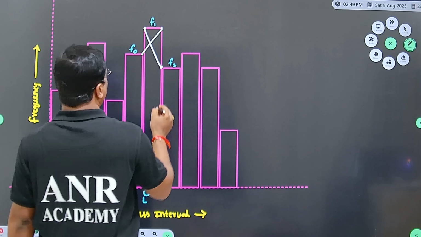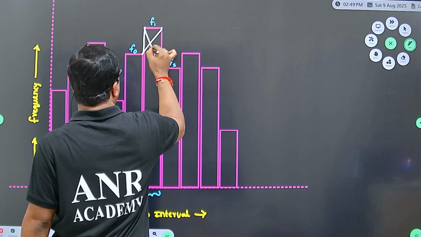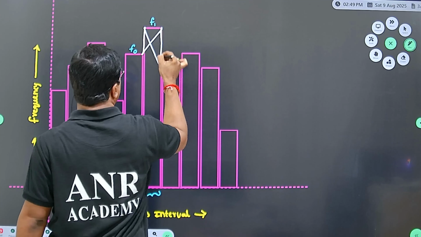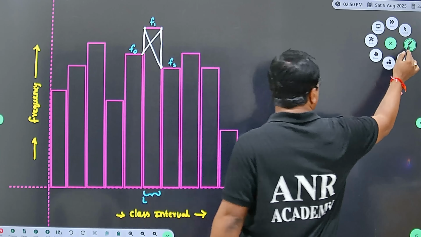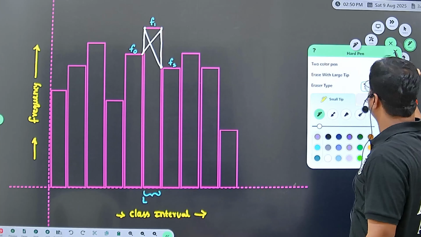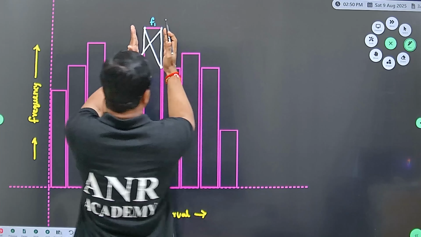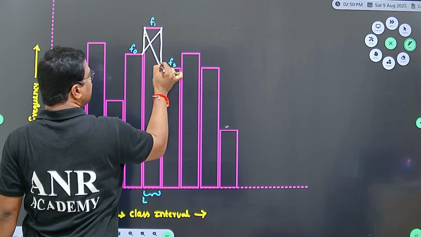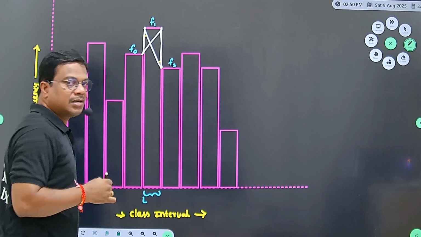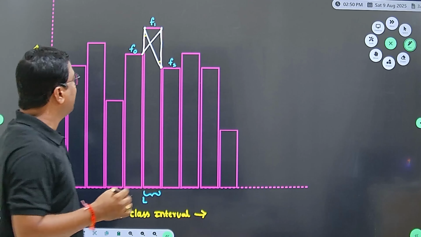Now observe here, there are two triangles which are similar. Here it is very clear that these two lines are parallel. Therefore, these two angles are alternate angles, equal.